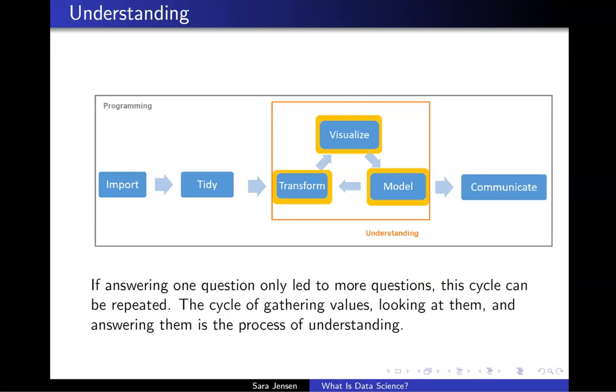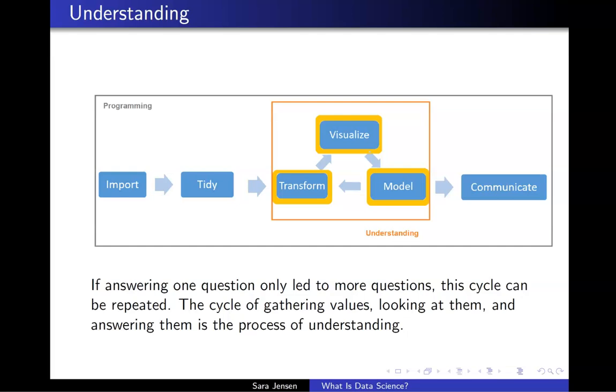And one can imagine that maybe if you come across a new question that's the result of earlier analysis, you might not have actually transformed your data to fully understand the second question. So you may need to go back to the beginning of that transform part to compute some new things, to start over to answer a new question.